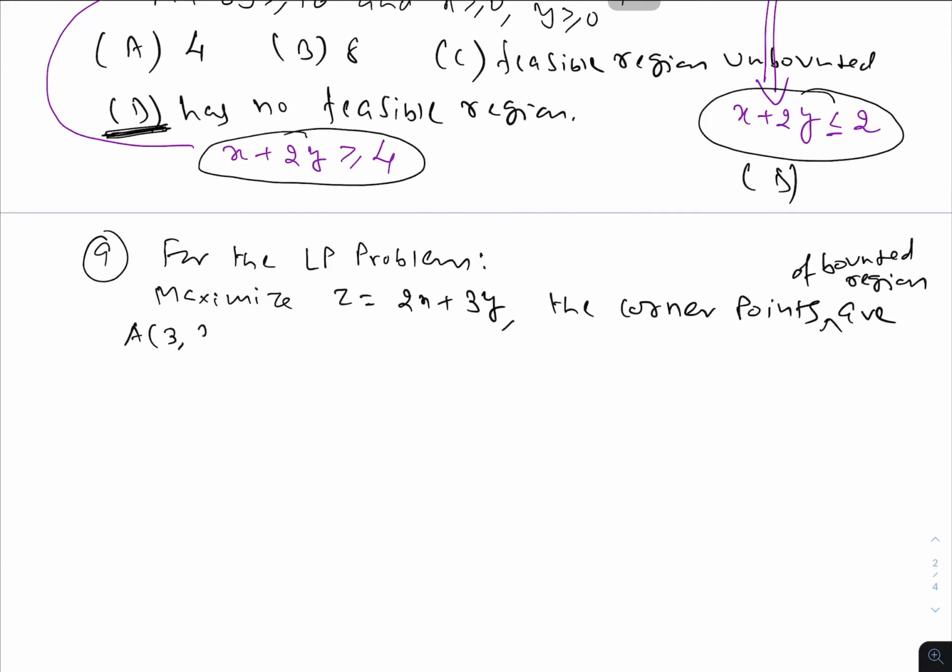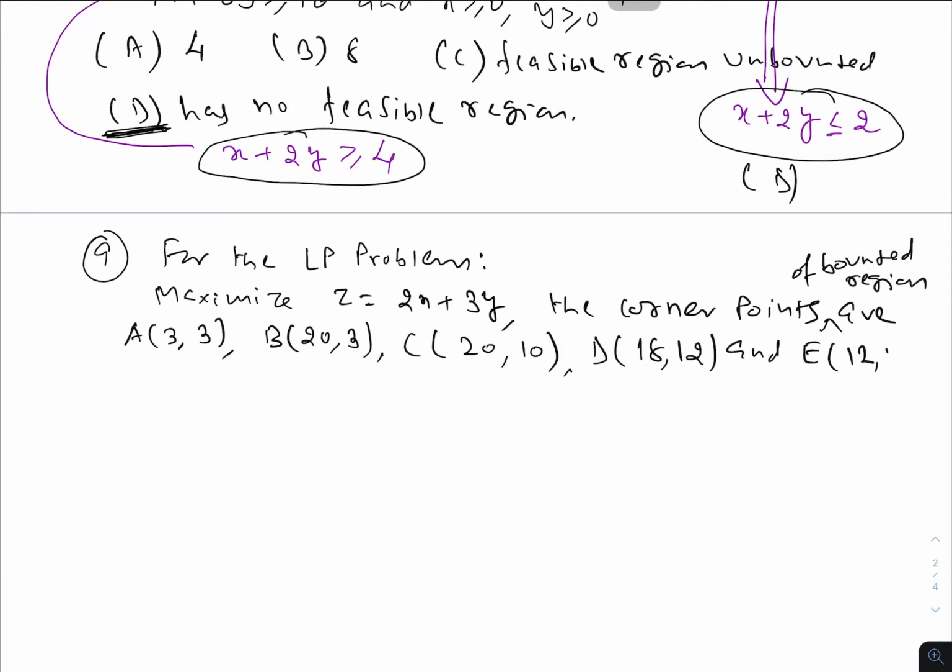say, A (3, 3), B (2, 3), C (20, 10), then D (18, 12), and E (12, 12).